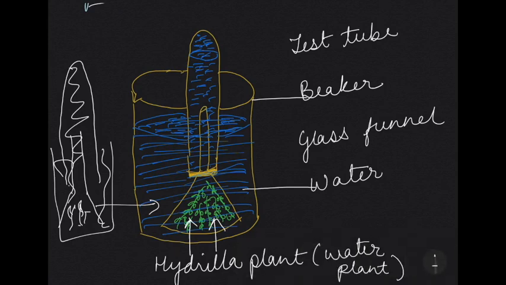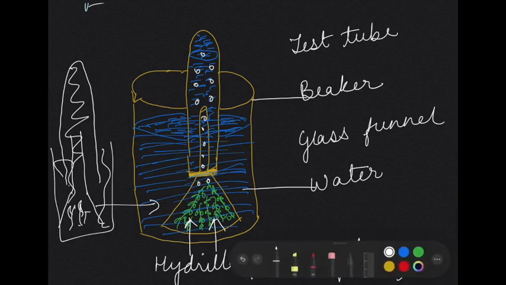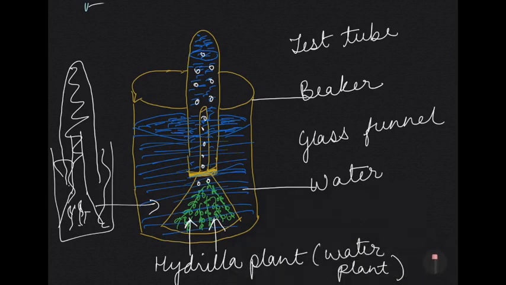After a few minutes, you will start seeing bubbles arising through here. So what are these bubbles? These are oxygen gas that is being produced due to photosynthesis. Now as the gas bubbles rise, there is no place for it to go. So what happens?